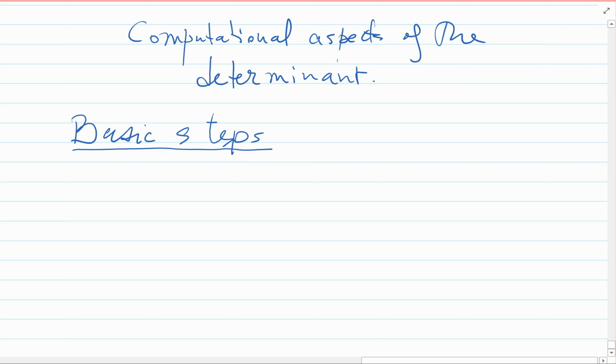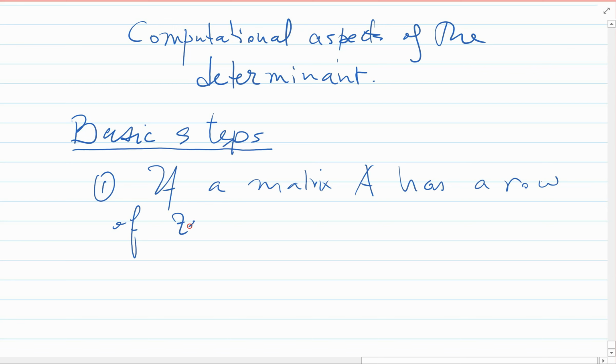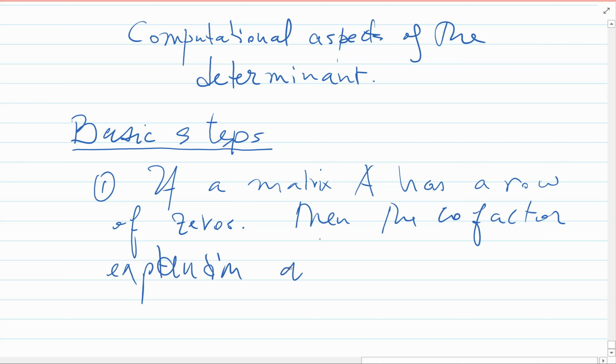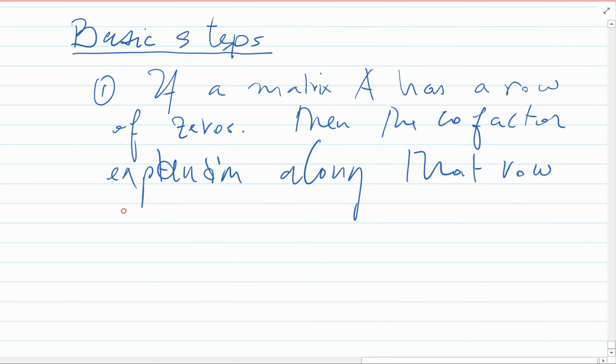So the first one: if a matrix A has a row entirely of zeros, all the entries on that row are zeros, then the cofactor expansion along that row will give us determinant of A equal 0.